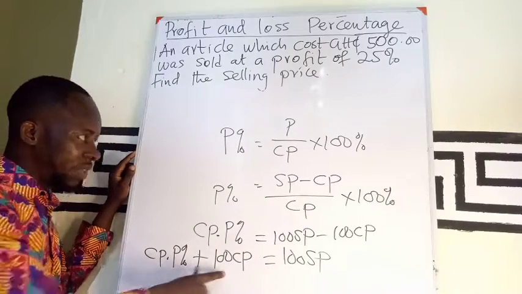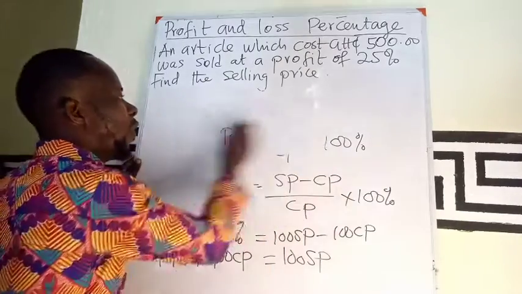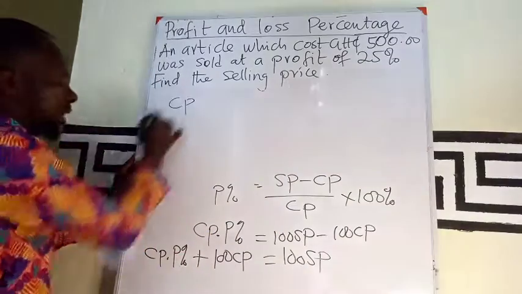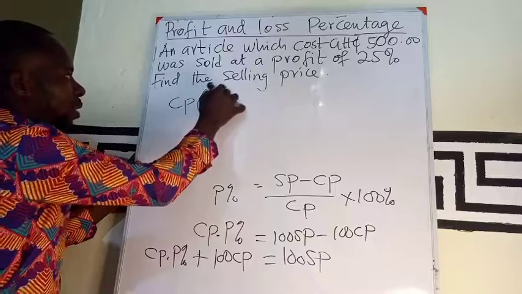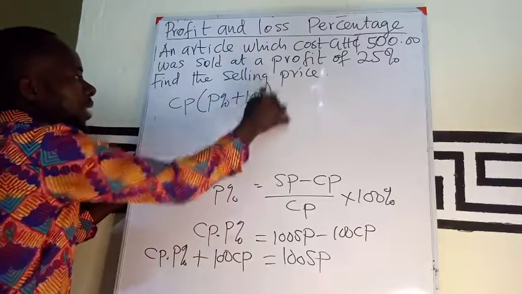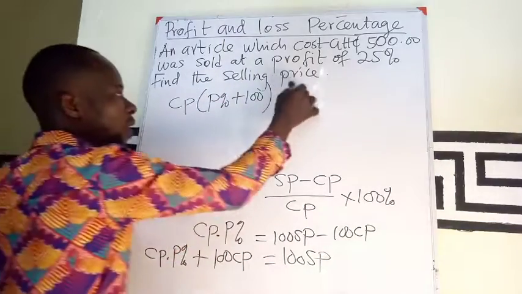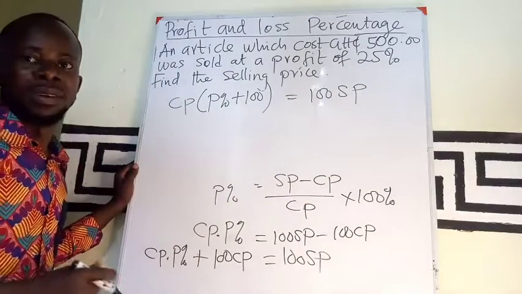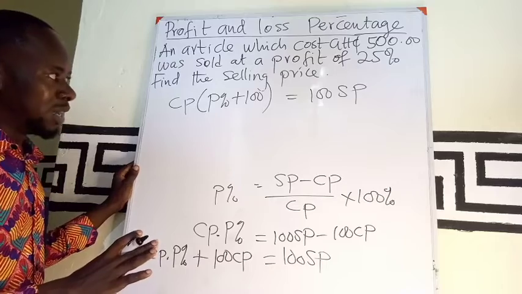We can see CP, so we can also factorize the CP out. So CP into bracket P percent plus 100, all equals 100 SP. I believe that is good when we are doing change of subject.